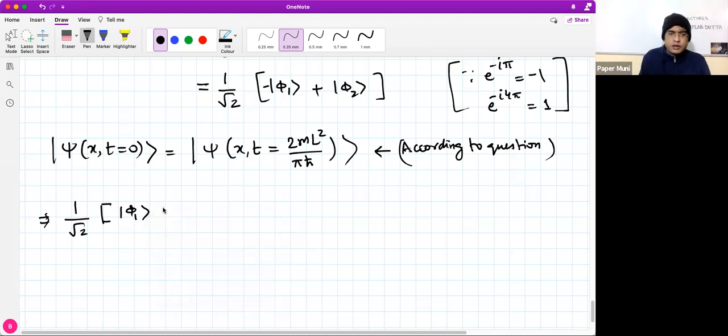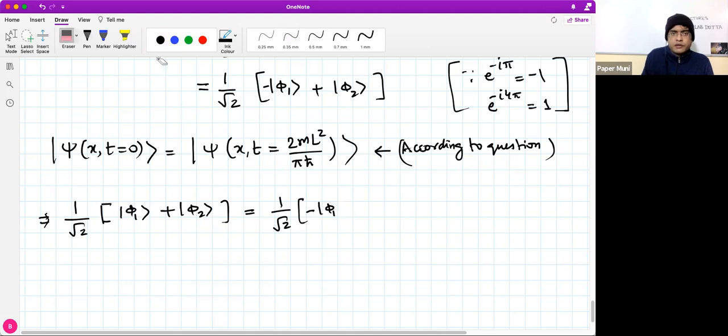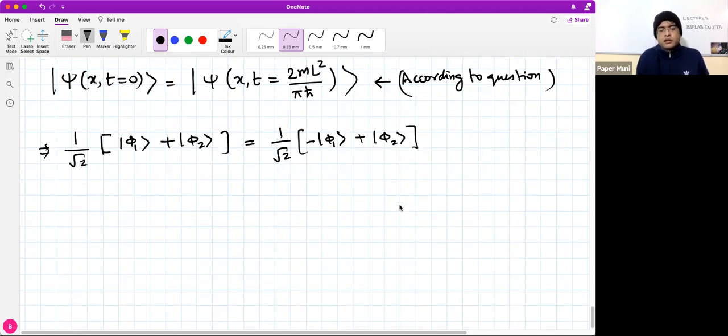So in this case, this ϕ2 is equal to 1 by root 2 times minus ϕ1 plus ϕ2. All right, now what do we have here?